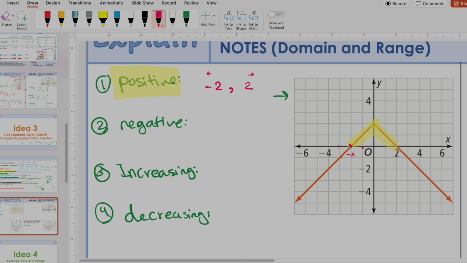Now remember, I keep it open if I have an open circle, if it was an arrow, for positive and negative intervals, if it was on the x-axis, and for increasing, decreasing intervals, if it was a maximum or a minimum. Now, is it an open circle?